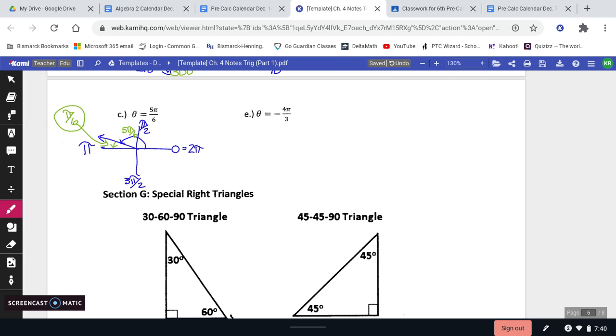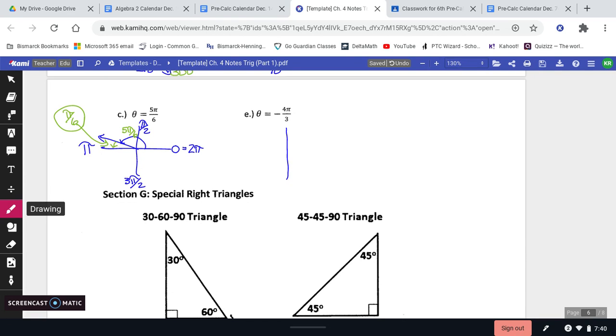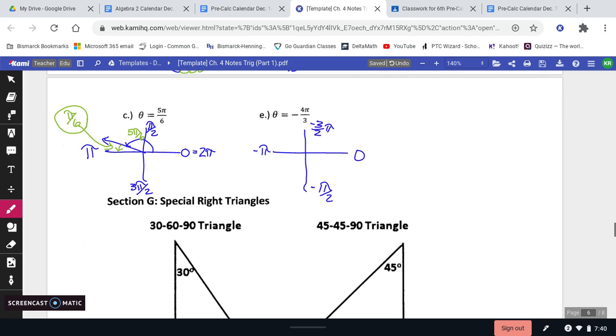Okay. All right, a negative radian measure, same thing. Got to kind of figure out. So if I'm going negative, this is going to be a negative pi over 2. This is a negative pi, a negative 3 pi over 2, and so on. Okay, so negative 4/3, that is more than 1, so I'm going to go negative.